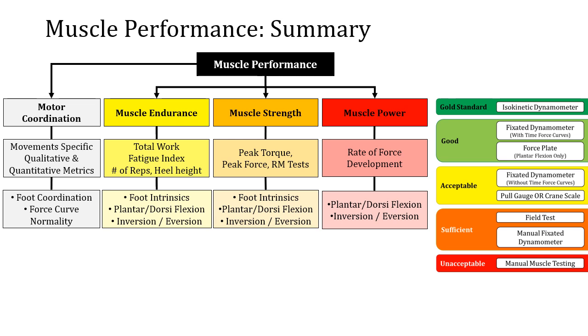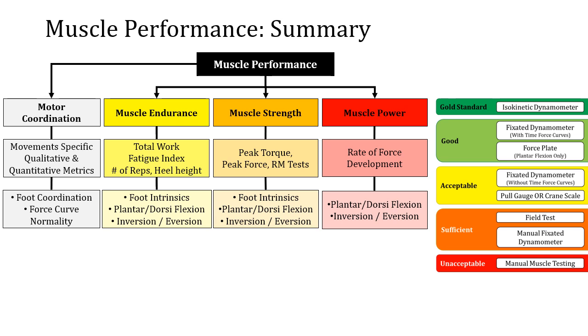And then for our field testing, though these are acceptable, we need to acknowledge the limitations they have, be consistent and strategic in our setup, such that we can reduce the variability and improve the consistency of our measurement over time.